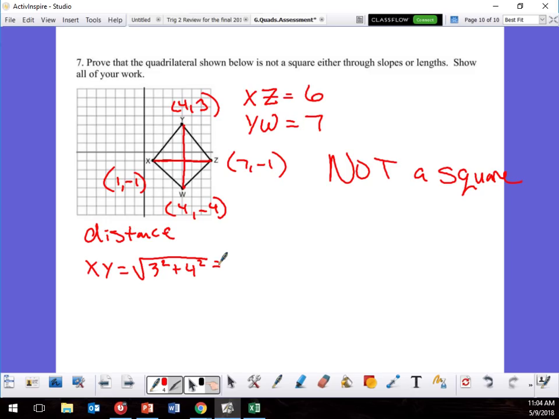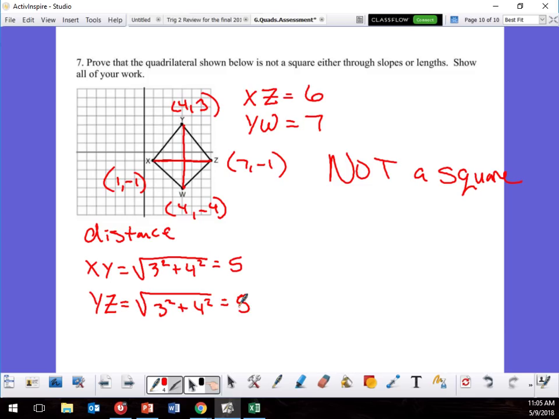What is square root of 25? 5. There we go. Let's do YZ. How far is it from 4 to 7? 3 squared plus, how far is it from 3 to -1? 4. Equals 5 again.